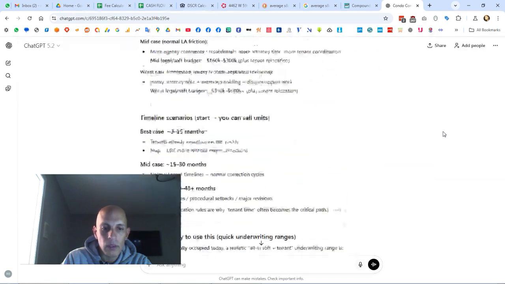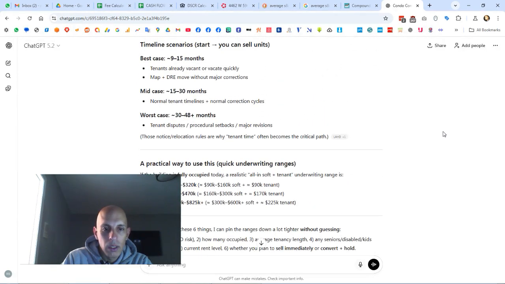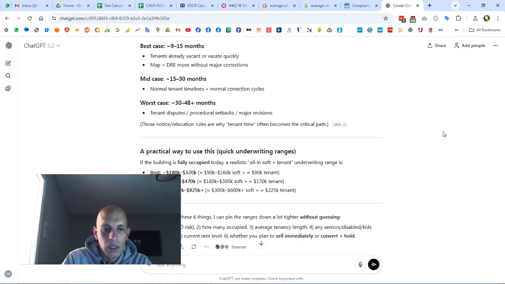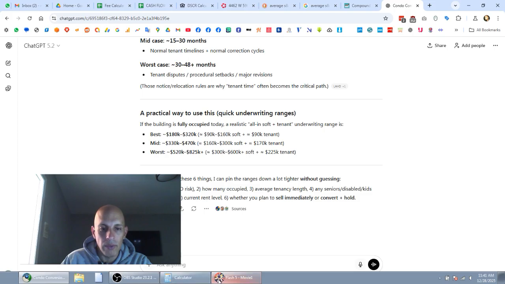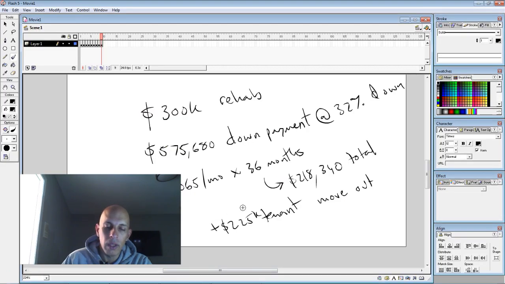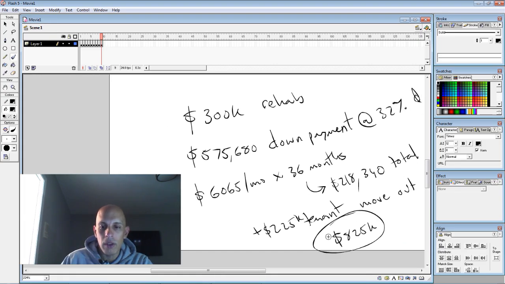So let's see total costs here. We're looking at between 520 and 825. So let's say 825 total costs here. Okay, 825 total cost. So this is your cost right here.